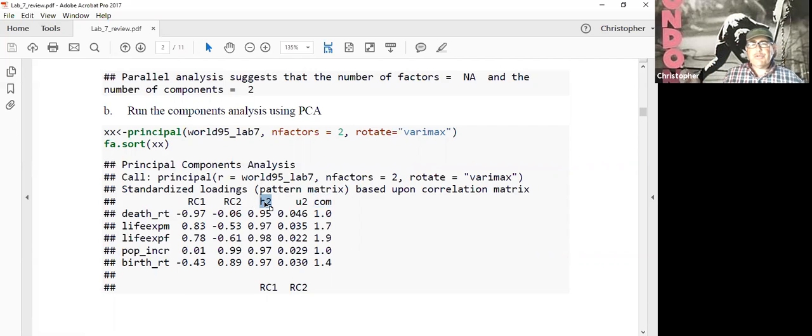If the factors or components are predictors in multiple regression, which is explaining, in this case, for the first variable, death rate, what we would see is an R-square value of 0.95. And the factor loadings, you can think of those as the standardized coefficients. The standardized coefficient would be negative 0.97 for RC1, the first component, and negative 0.06 for the second one.